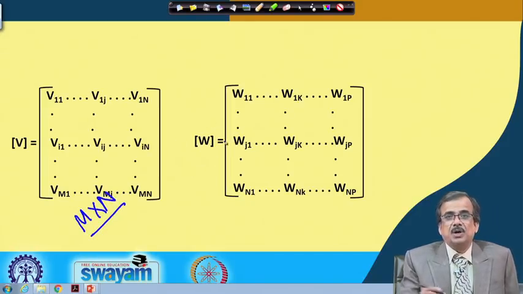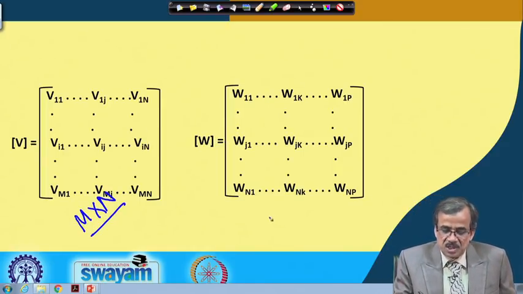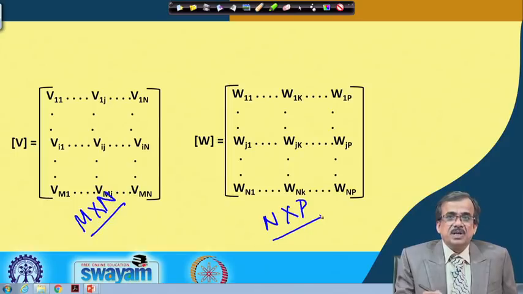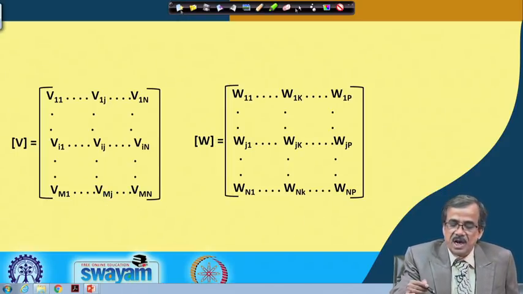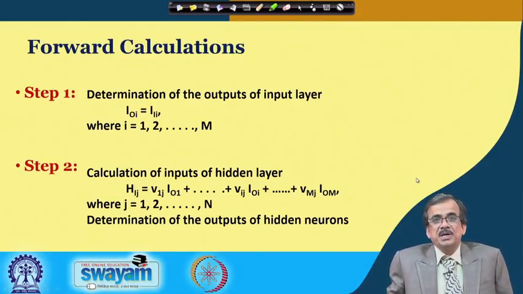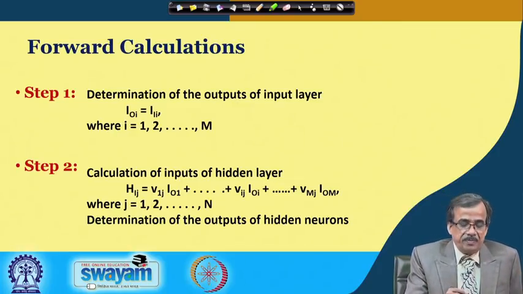And this W matrix is the connecting weight matrix between the hidden and the output layer, and this is an n cross P matrix. As I told you, initially these are generated at random, and through a large number of iterations these connecting weights will be updated. Now, let us see how to carry out the forward calculations.